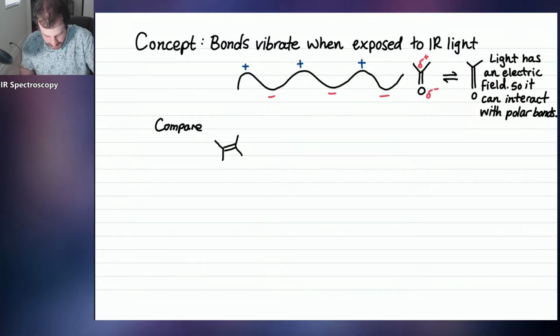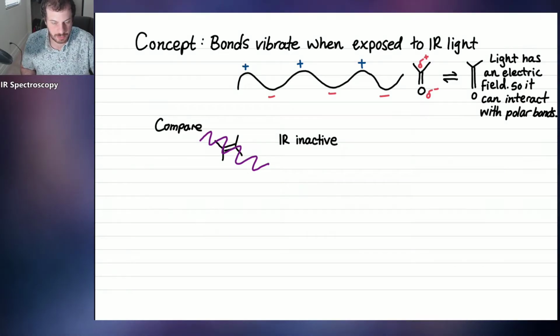So what that means is when the IR light comes by, it's just going to go right through, and it's not going to be absorbed by the polar bond because there is no polar bond. So we call this kind of molecule IR inactive, meaning that there's no change in the dipole upon vibration.